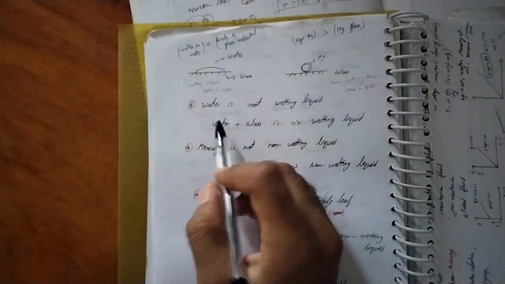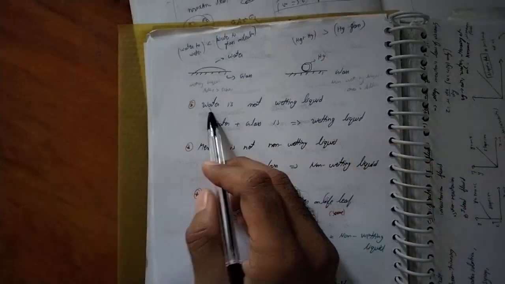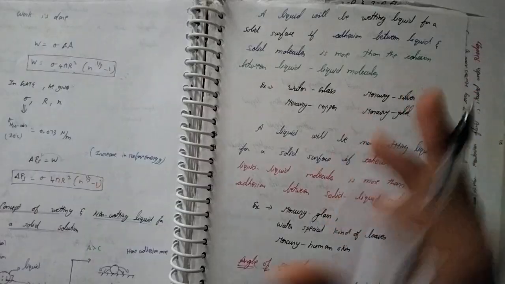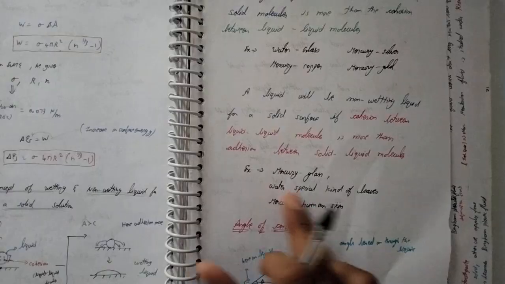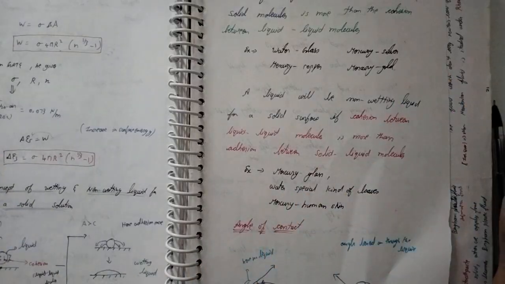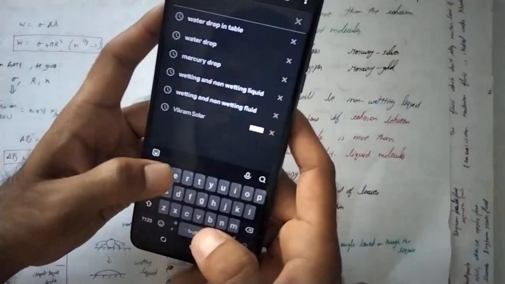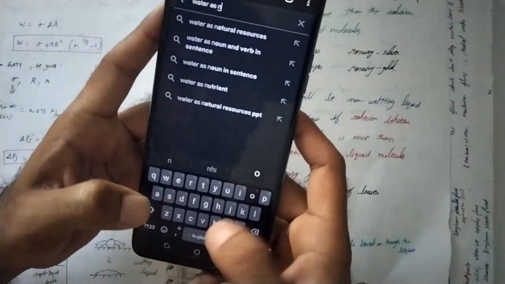You can see, guys, water is a non-wetting liquid in some cases, but we have to see in each and every scenario what the water is interacting with. If the water interacts with glass, it comes under the category of a wetting liquid. If the water comes on a special leaf, it behaves as a non-wetting fluid.